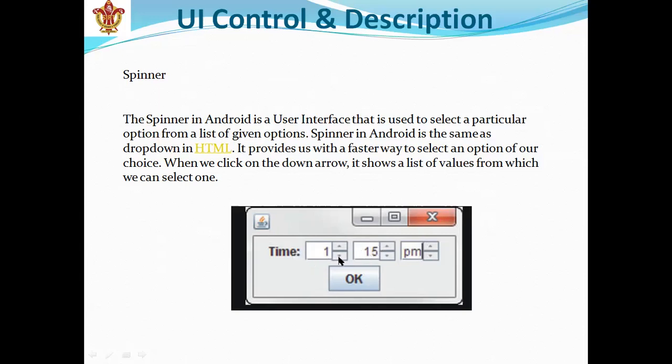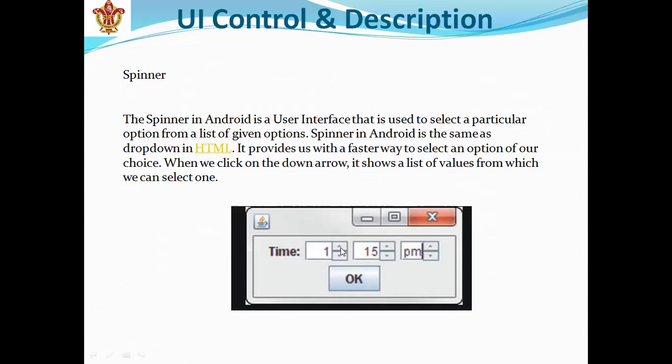In this diagram, we can select 2, 3, 4, whichever entity we want, by the drop down arrow. If we want to select 2, then we have to click on the upward arrow. And when we want to select 0 or the numbers below 1, we will use the drop down arrow.